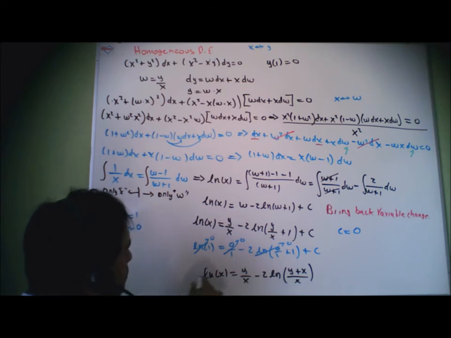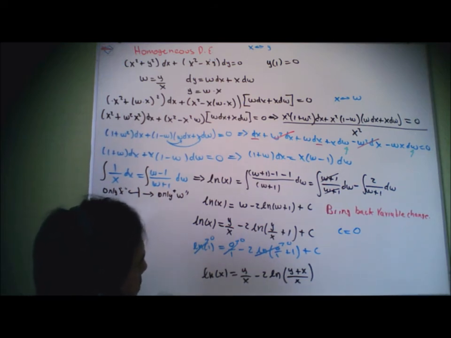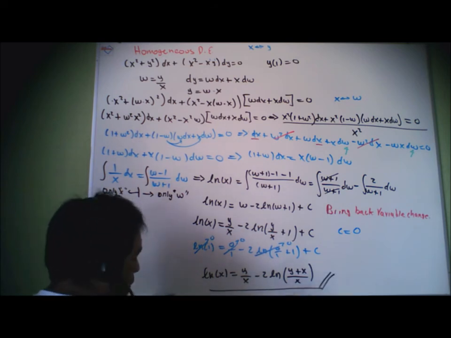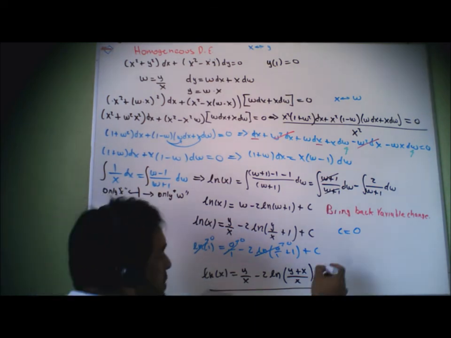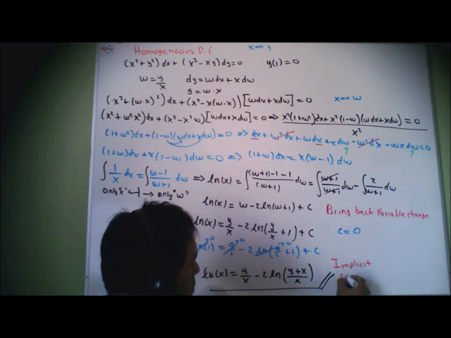Maybe we can apply the exponentials, but still it is the same solution. We can apply the exponentials. It's going to give us a nicer result, but it's still the same. So this is the implicit specific solution.